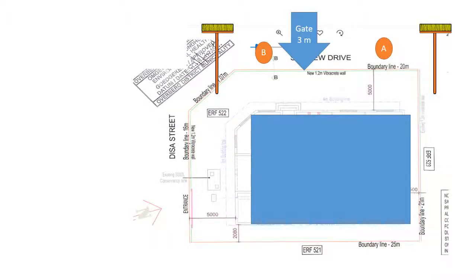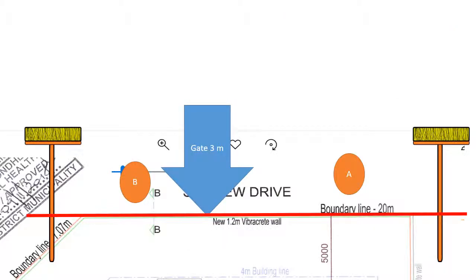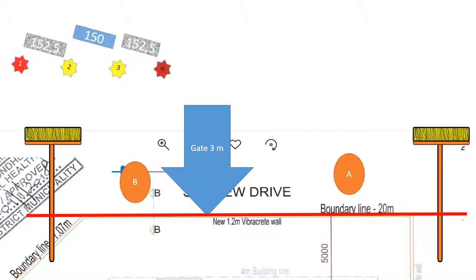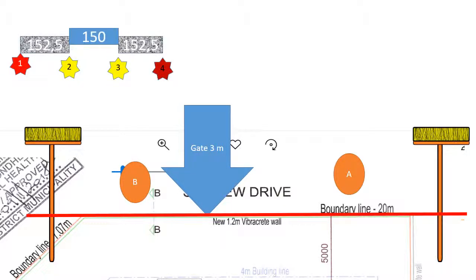Sections A and B. Section A has 3 panels: the first panel is a corner panel of 1.5, then the ordinary panel unit of 150, and the third panel unit is 1.52 because it's a corner panel unit. Then there are 4 poles.